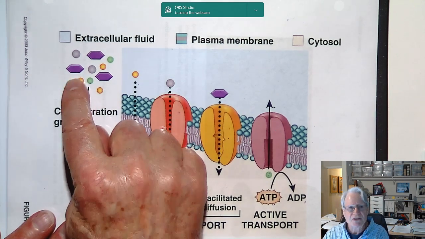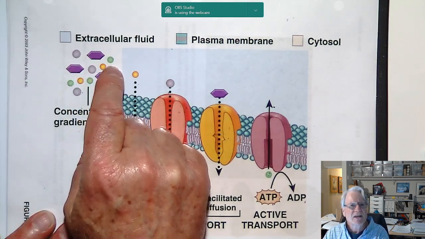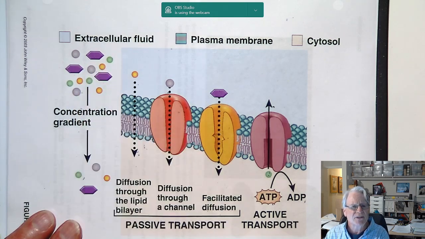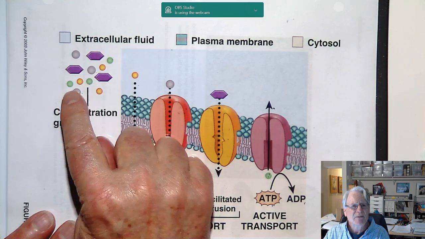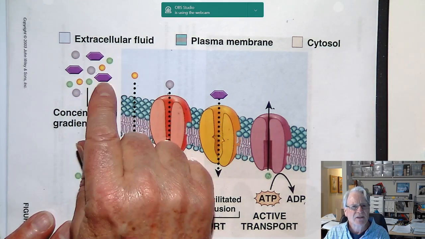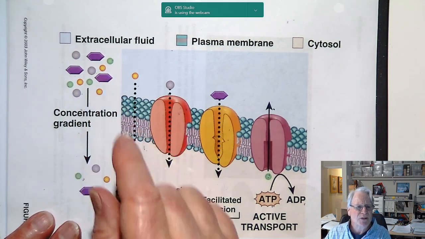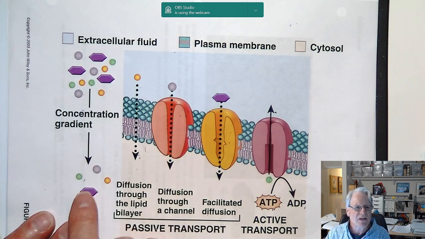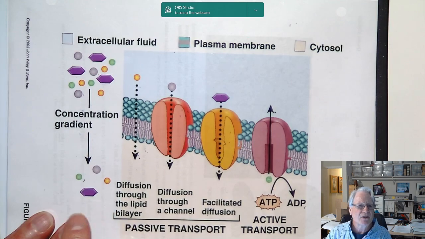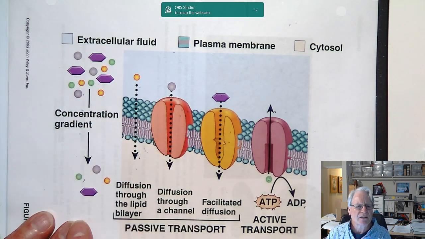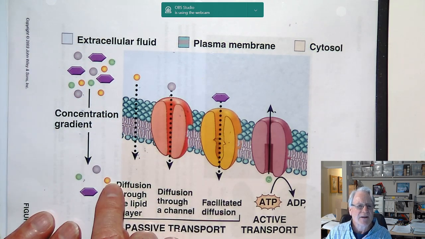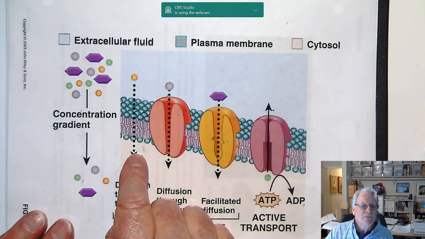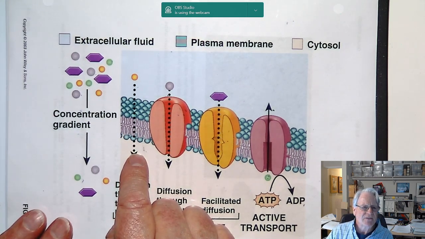So, first of all, please notice that here we have a lot of sugar on this side, a lot of the gray balls on that side, many green balls, well, relatively, and more yellow balls than over here. So there's only one there, there's three there, there's three there, one there. So you can see we do have a concentration gradient, although this one is different than the others. So we have a concentration gradient, and we can take advantage of that.